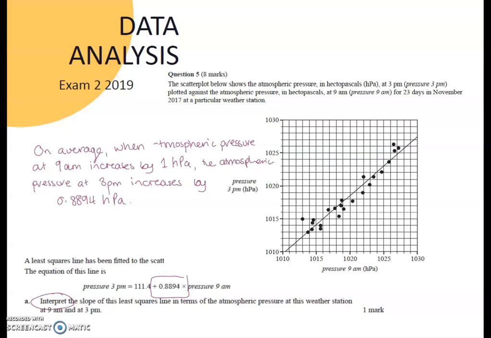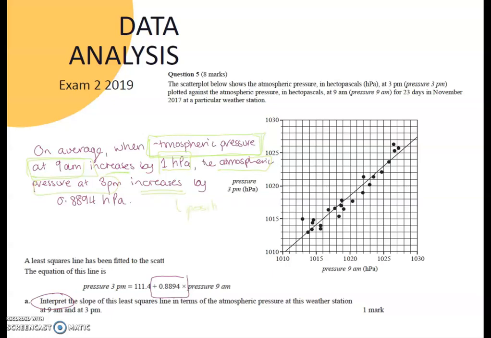So we're always making sure we're adding in our variable. What's our explanatory variable? If it's a positive gradient, we're always saying we've got an increase in 1 unit of our explanatory variable, and then the response variable increasing.